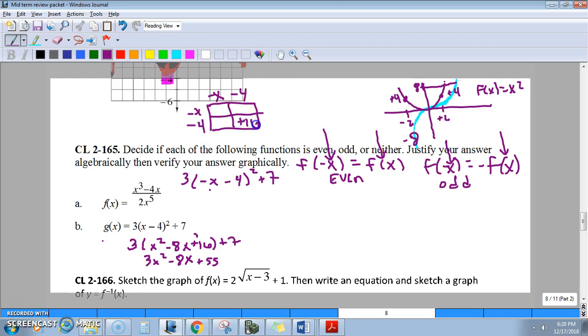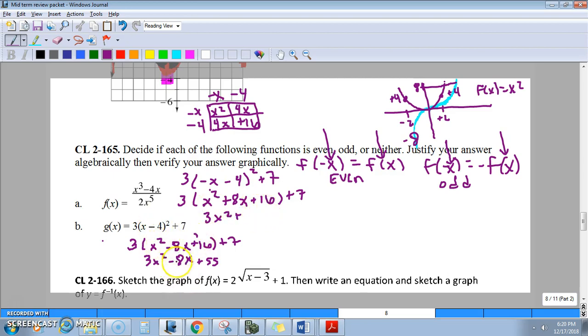I still get plus 16, but here it's a positive 4x, and here it's a positive 4x, and x squared. So I have 3 times x squared plus 8x plus 16, and then on the outside, it's plus 7. Now I distribute the 3. I get 3x squared plus 24.